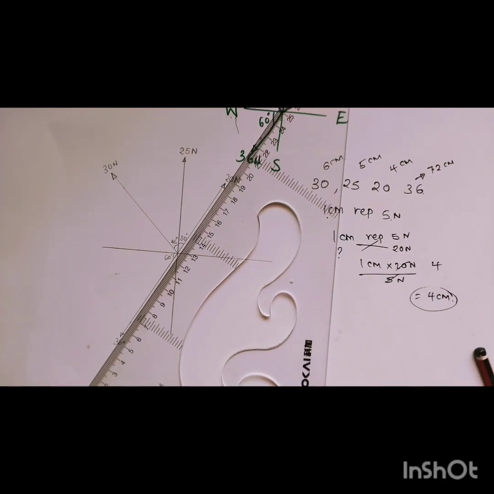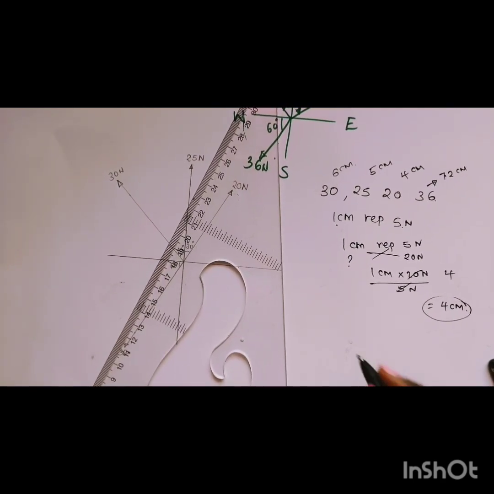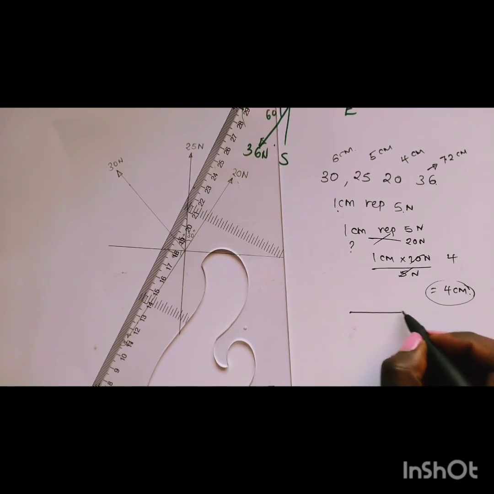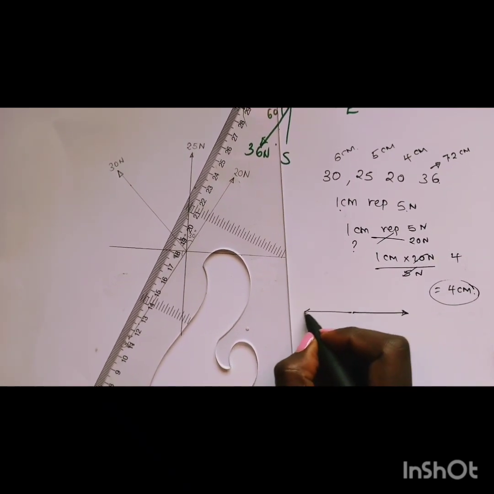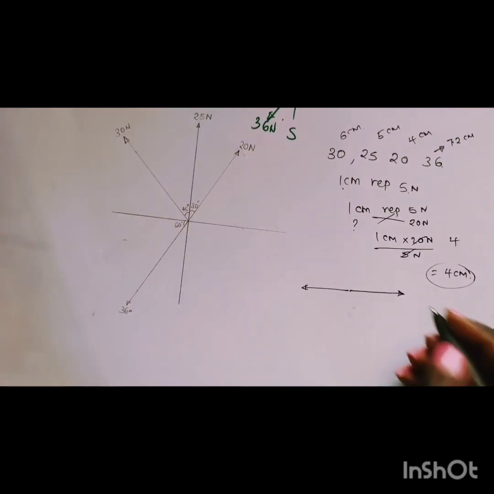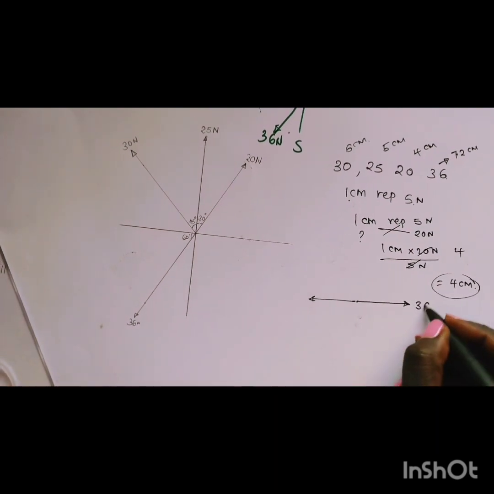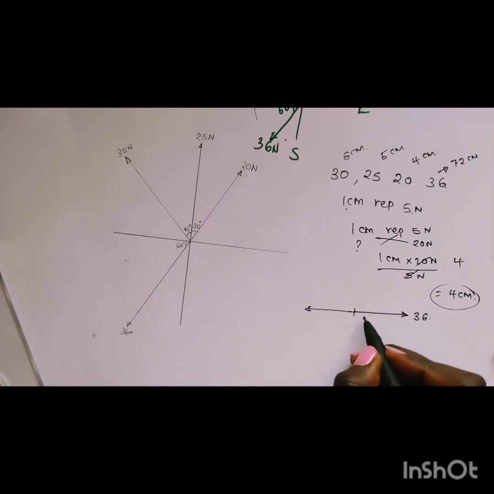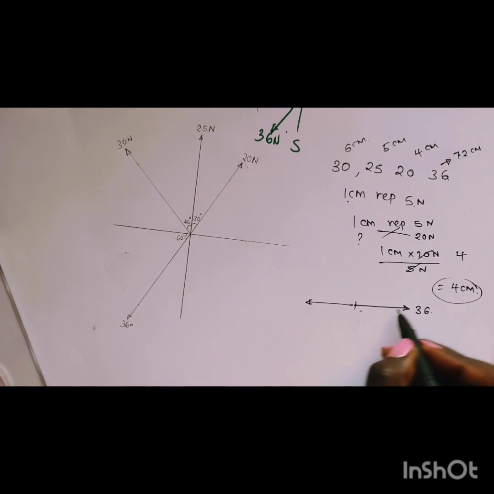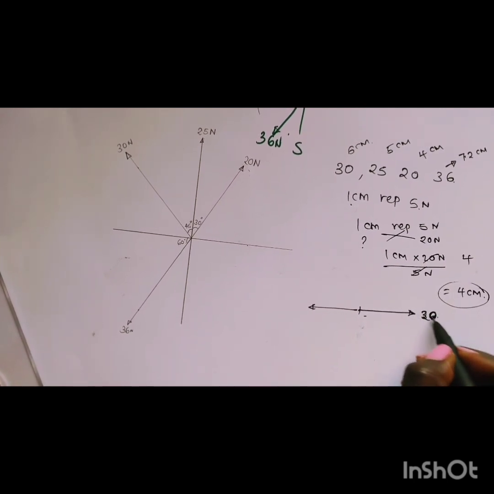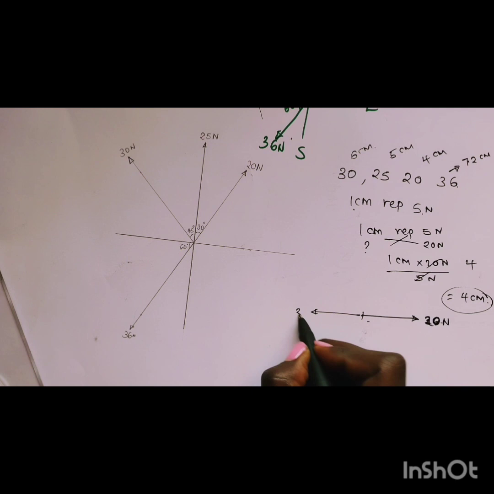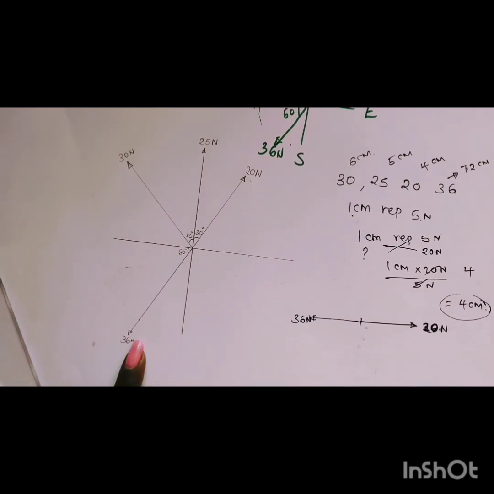Now, for such a force, this is like a tensional force trying to stretch a side, and this is of 36 newtons on the negative side. Let me put this 20 newtons towards the positive side, and 36 newtons on the left hand side.